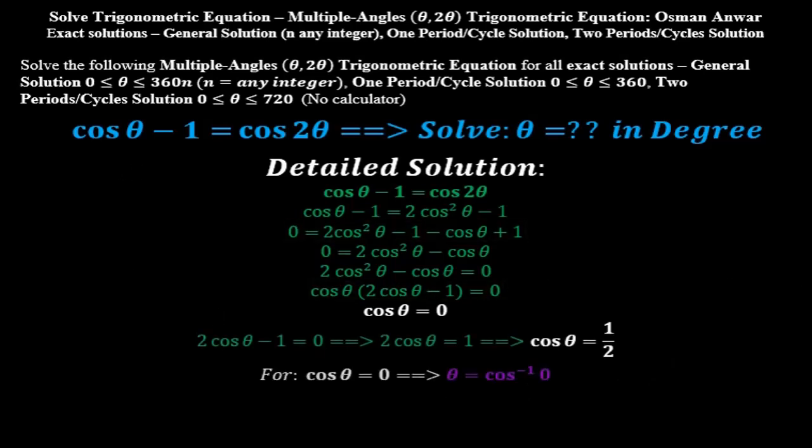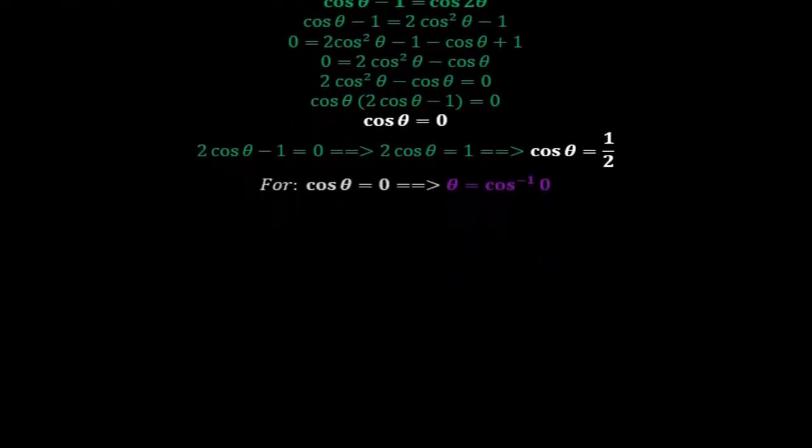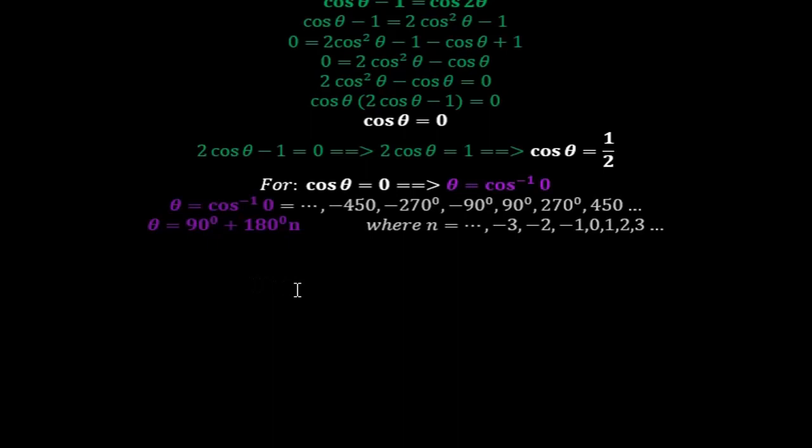So now for cosine theta equals 0, theta is cosine inverse of 0. So that means theta equals cosine inverse of 0 is equal to 90 degrees, 270 degrees, 450 degrees, minus 90 degrees, minus 270 degrees, minus 450.